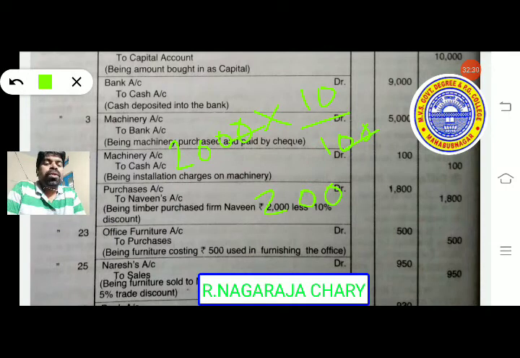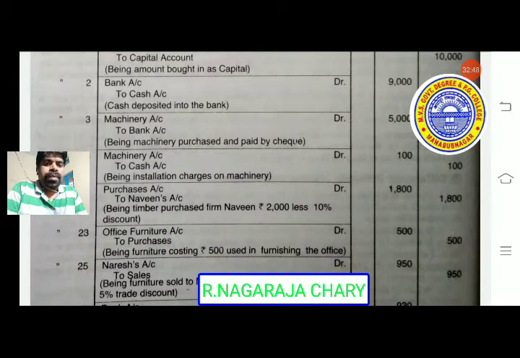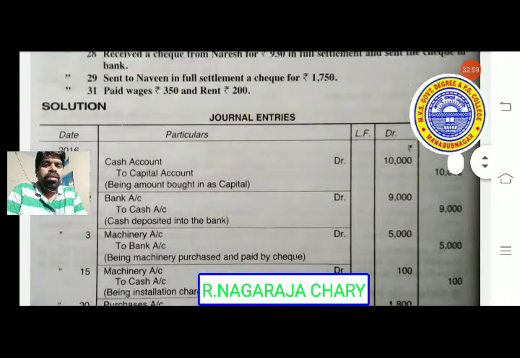This 200 rupees is the discount. So, the total is 2000, and from that 200 is to be deducted. So, purchase account debtor, and we have to write a discount account, but what is this discount?